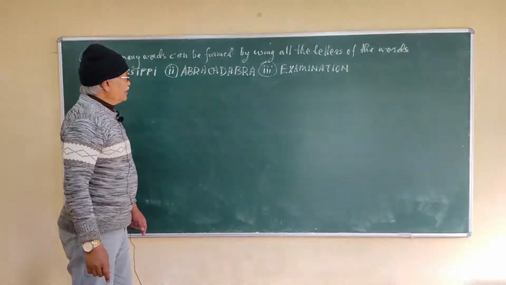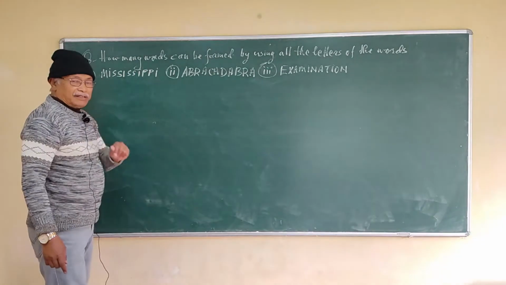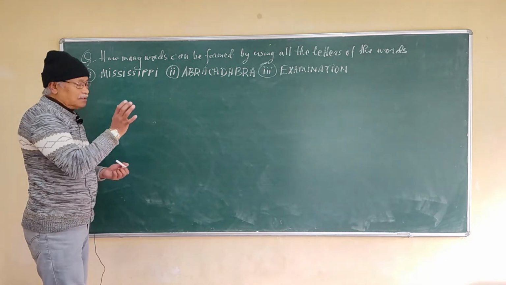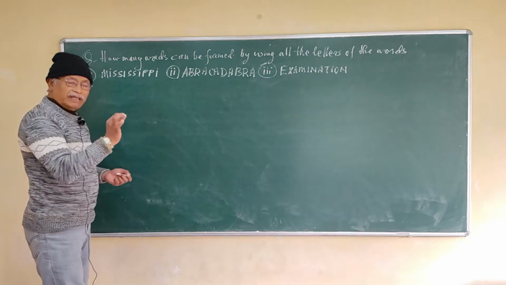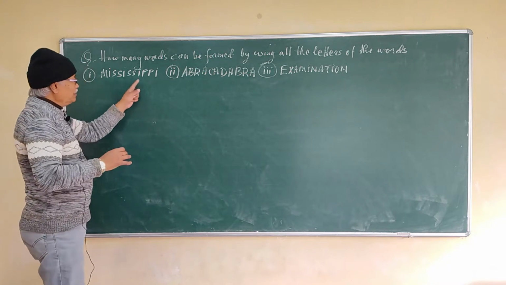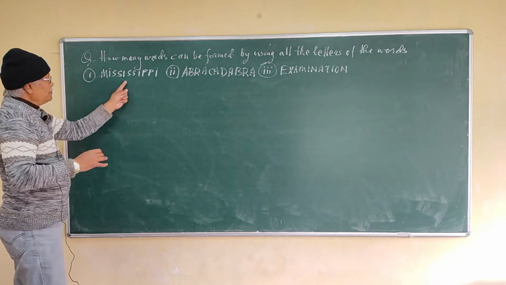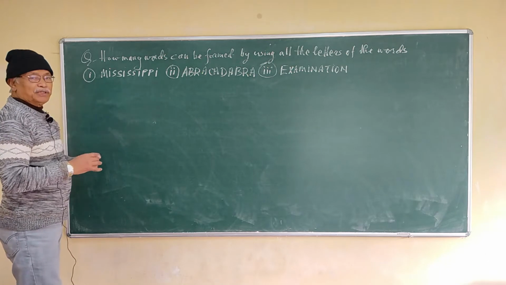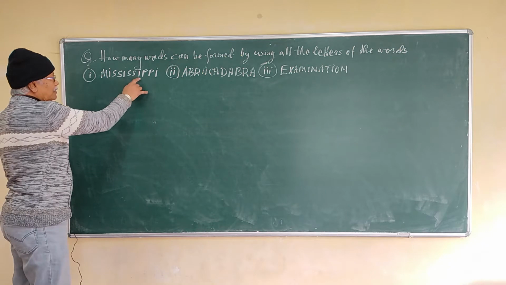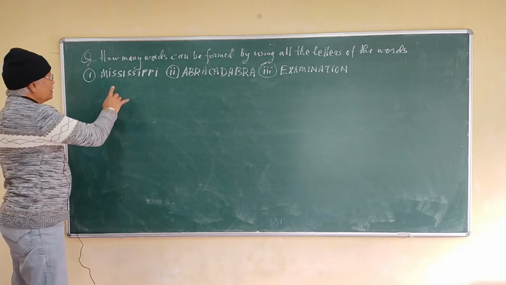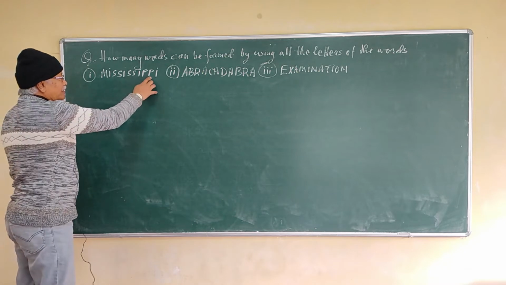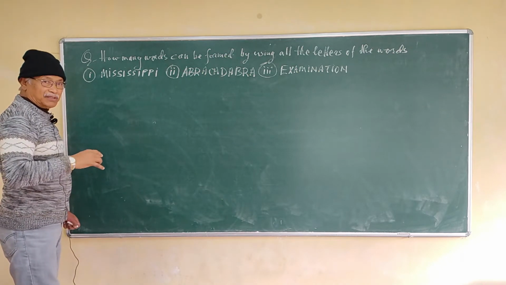Now, what do you see that in the earlier examples, we have taken up the word where all the letters were different. But you can mark in the word Mississippi, there is repetition of I, there are 4 I's here, there are 4 S's here, and then there are 2 P's.